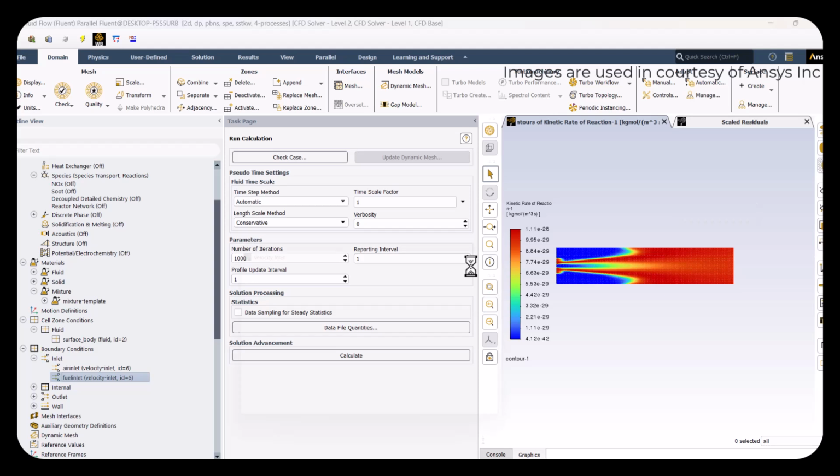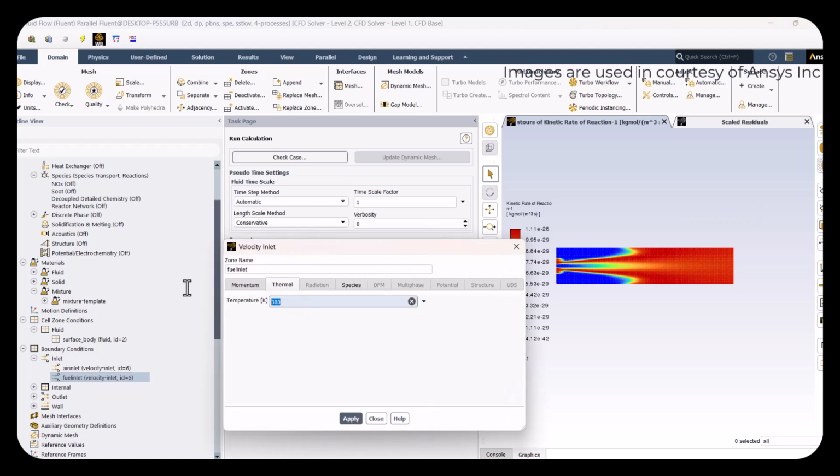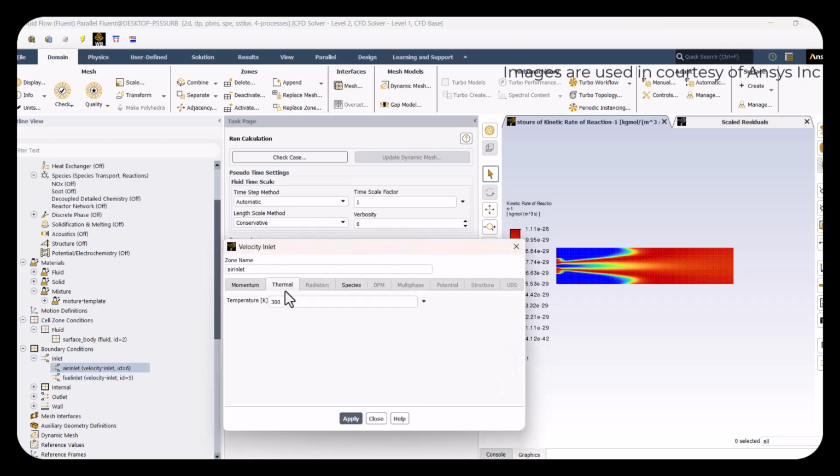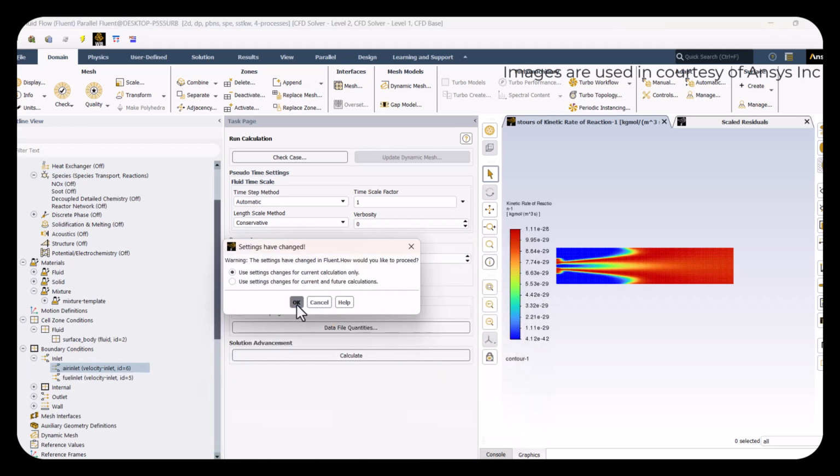Now if I increase the fuel temperature, for example, I will make it 800, or maybe I'll keep this as 300. I'll increase the air temperature, maybe 700. You would see the change.